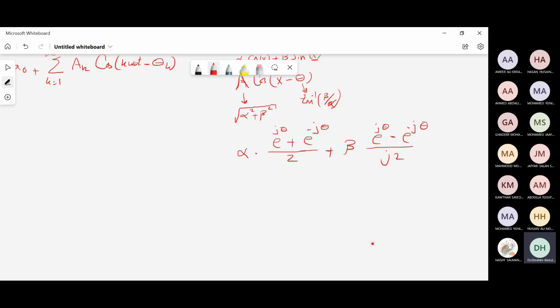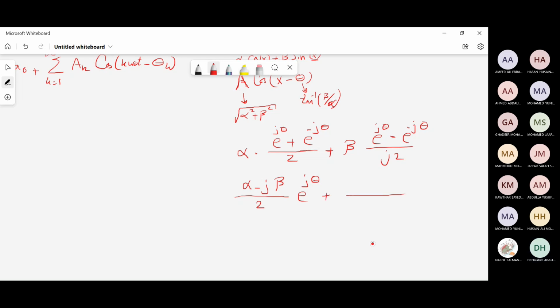If you take e to the power of j theta as common between those two, then what is left is, from here, alpha divided by 2. From here, it is beta divided by j2, and 1 over j is minus j, so minus j beta divided by 2.